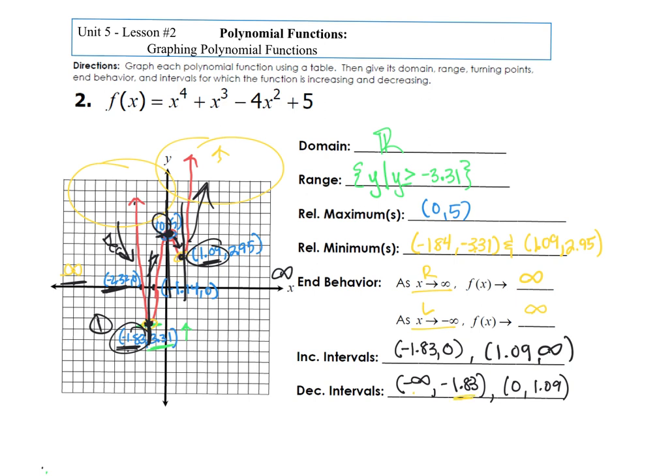But then the other values just keep matching up. The last one I wrote down becomes the first one I write down for my next interval: 0, 0, first then last, last then first, however you want to think about it. 1.09, 1.09. So at our turning points, we change our slopes. And again, we use the x values only.